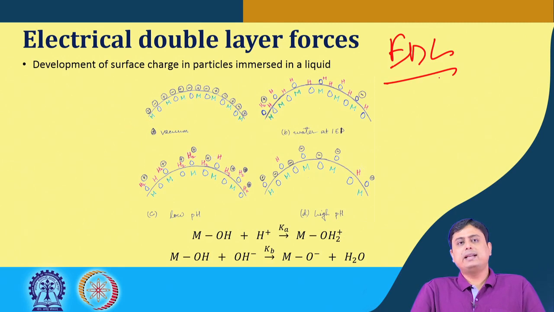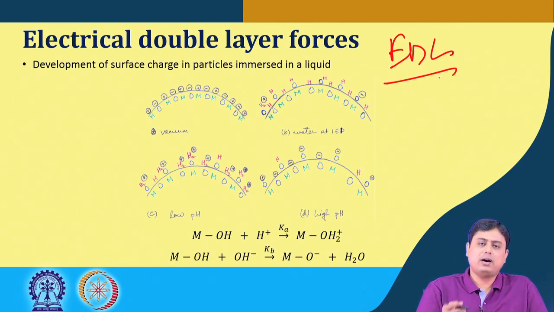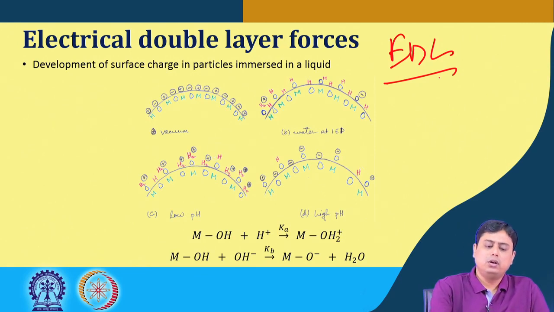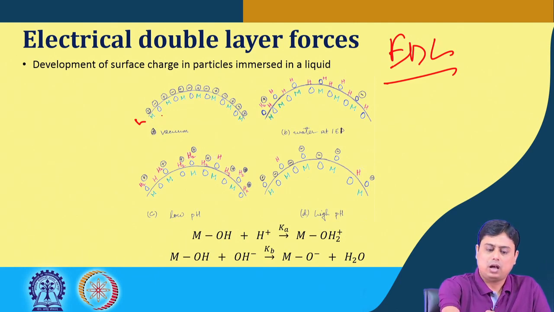Now, the particles can develop a surface charge when immersed in a liquid. Say the case of a metal oxide particle, when it is exposed to or in contact with air, the atoms at its surface will have some insufficient or unsatisfied bonds, and they will try to arrange themselves like here in this one, where M stands for the metal ion, which is positive, and oxide is negative.